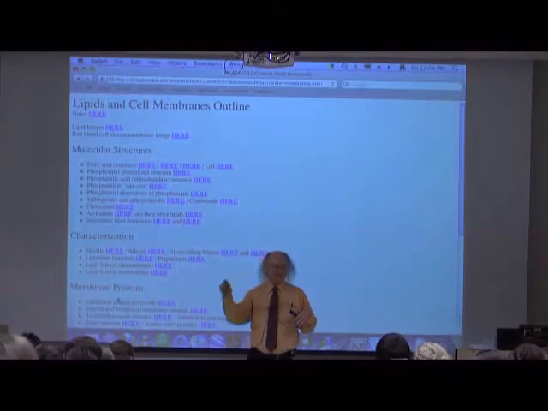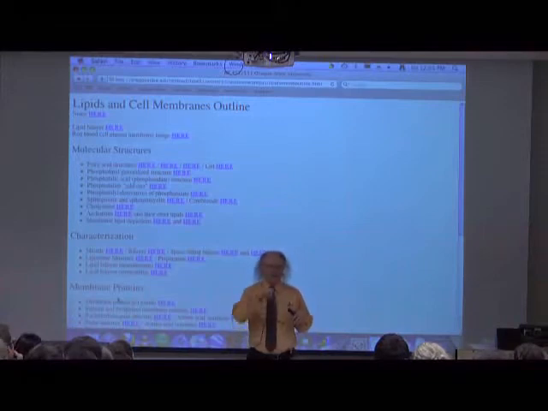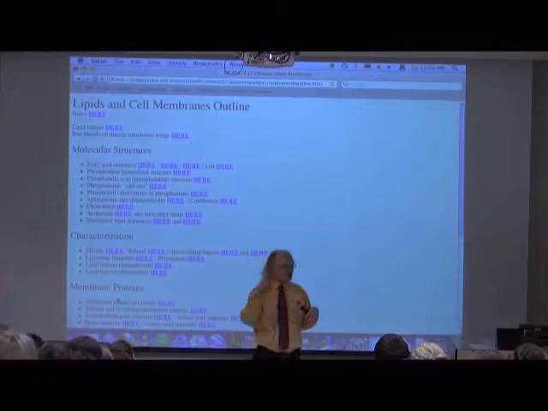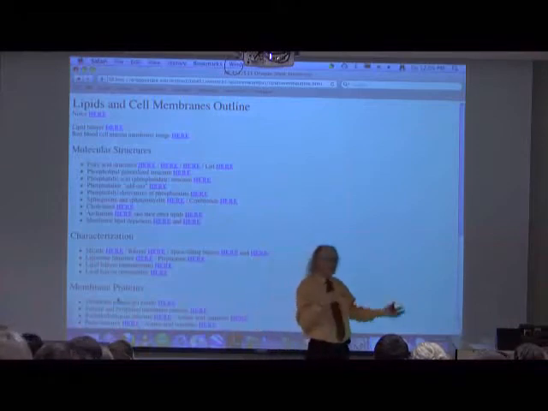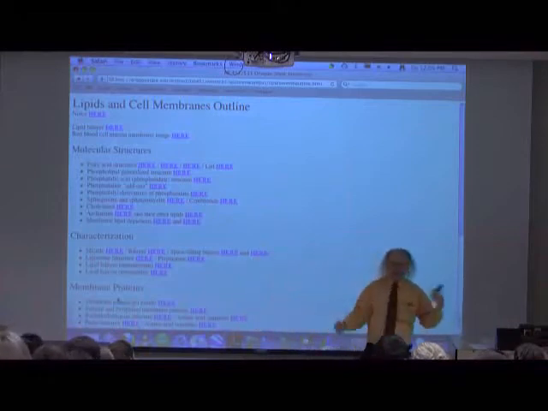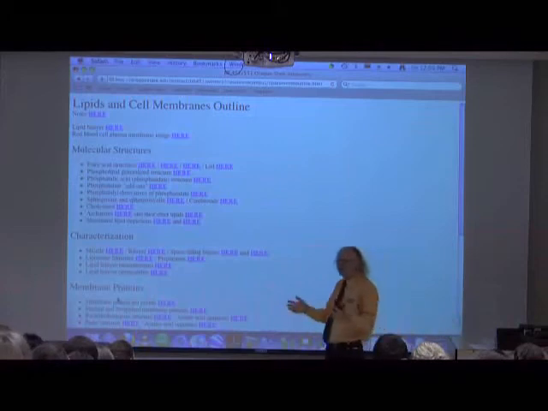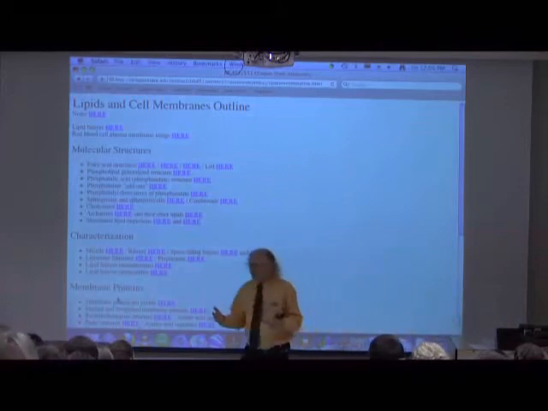The cell needs to make some aspartic acid. Guess which pathway it's going to run? That one. Glyoxylate. If the cell needs some glucose, which pathway is it going to run? Glyoxylate, okay? If it needs, on the other hand, energy, man, we've got to get some ATP, it's not going to do the glyoxylate cycle.